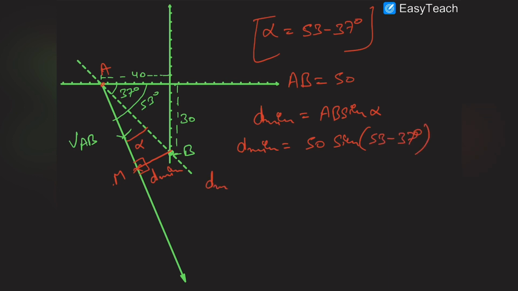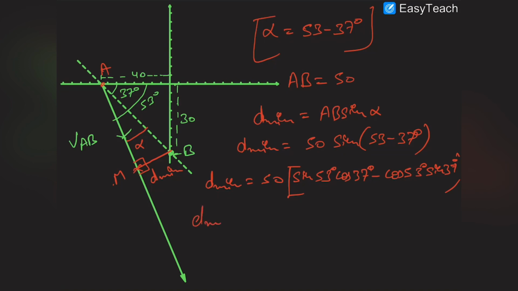So D minimum is equal to 50 sin(A minus B), which is sin A cos B minus cos A sin B. Okay, so this is the formula.